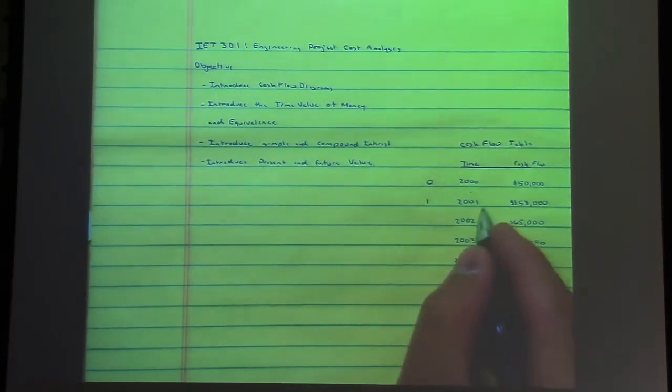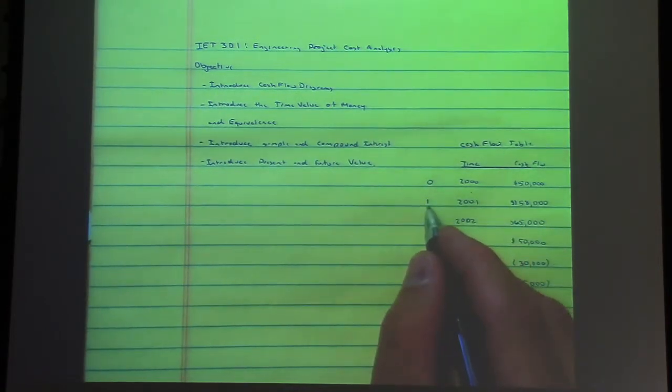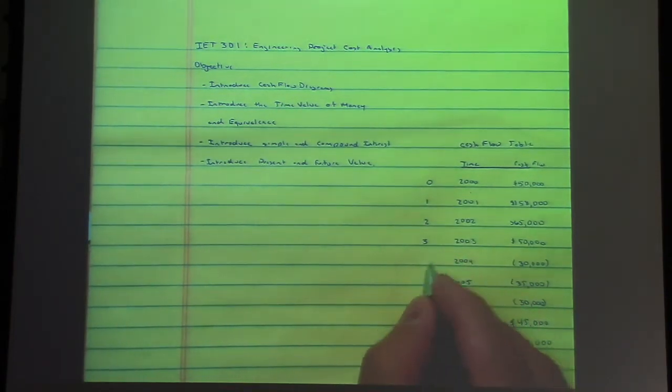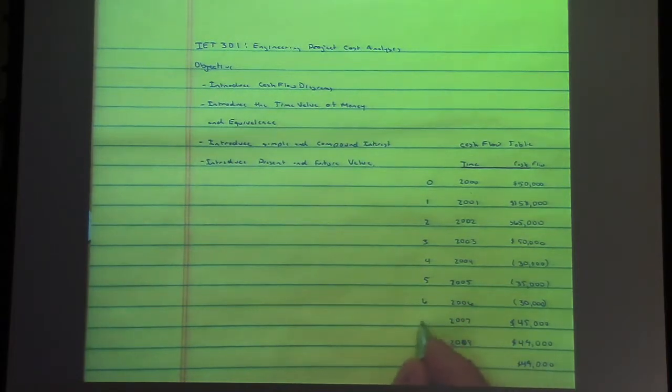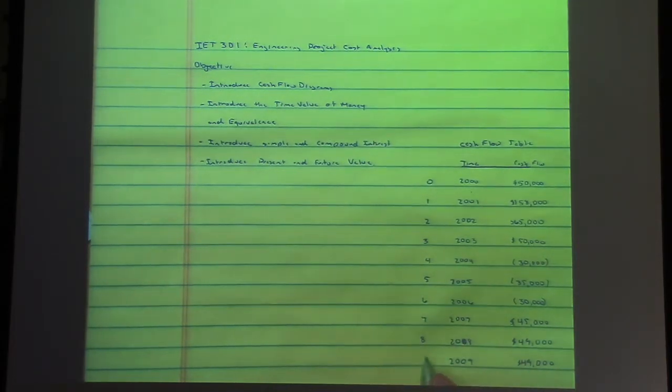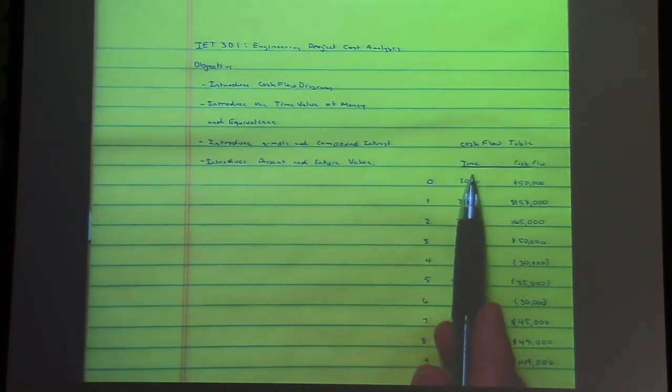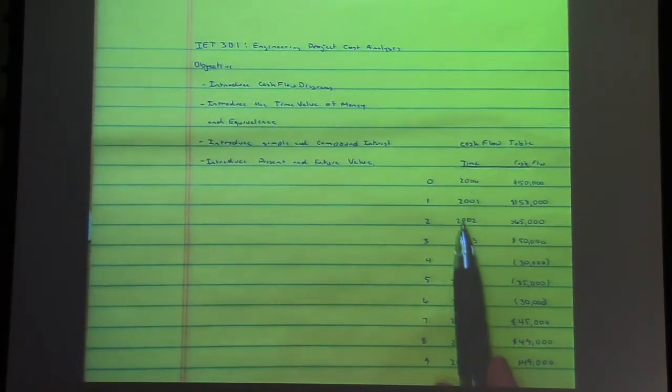The second time, 2001, is occurring in the first year, second year, third year, fourth year, fifth year, sixth, seventh, eighth, and ninth. This saves us several things. First off, it removes the increment on time.